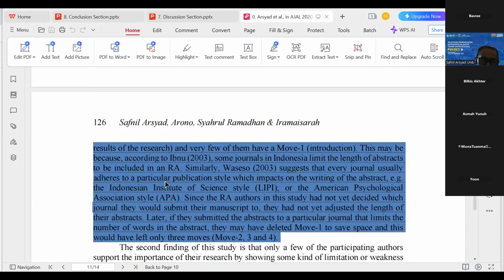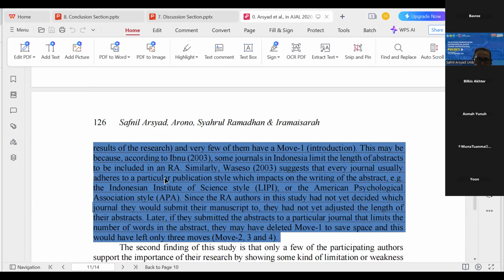Okay, and since the finding is different, even in contrast, I have to justify or explain why they are different.